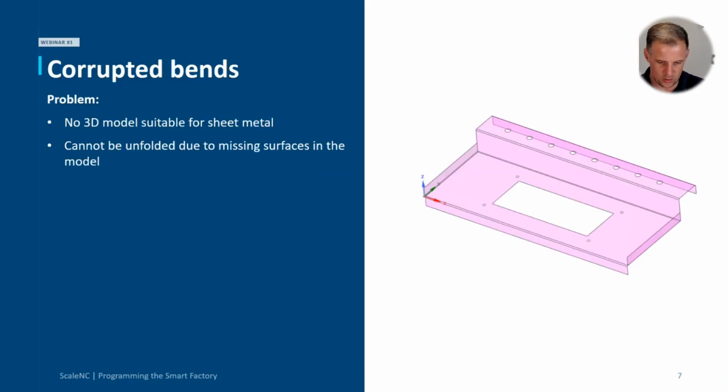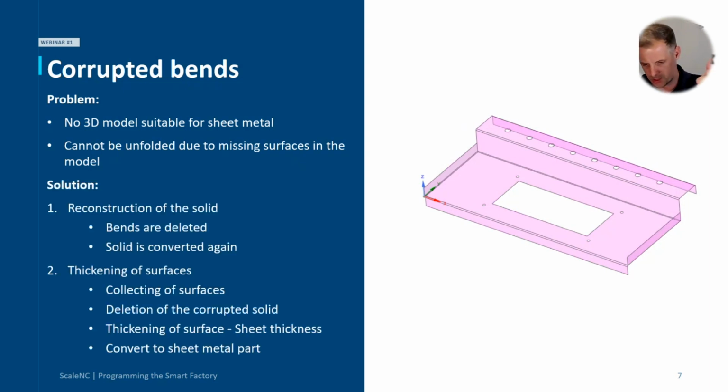So coming back to our presentation, just for a short sum up of our second problem part with these corrupted bends, it was not made for sheet metal due to the missing faces and the corrupted bends. It was not able to unfold it.